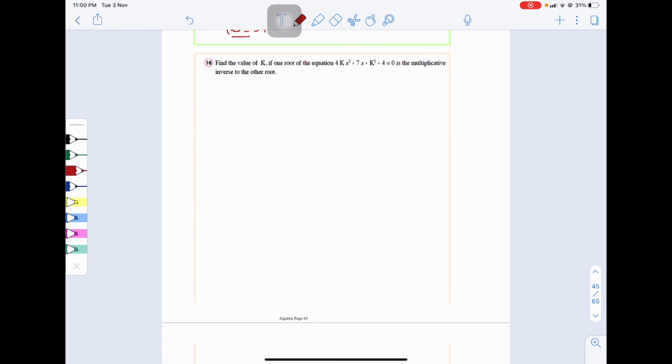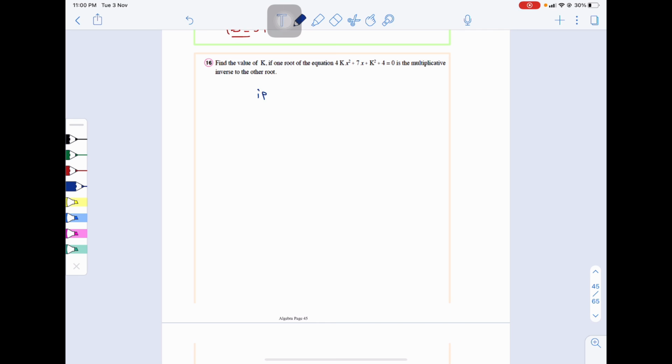In this question, find the value of k if one of the two roots of 4k x squared plus 7x plus k squared plus 4 equals 0 is the multiplicative inverse of the other root.